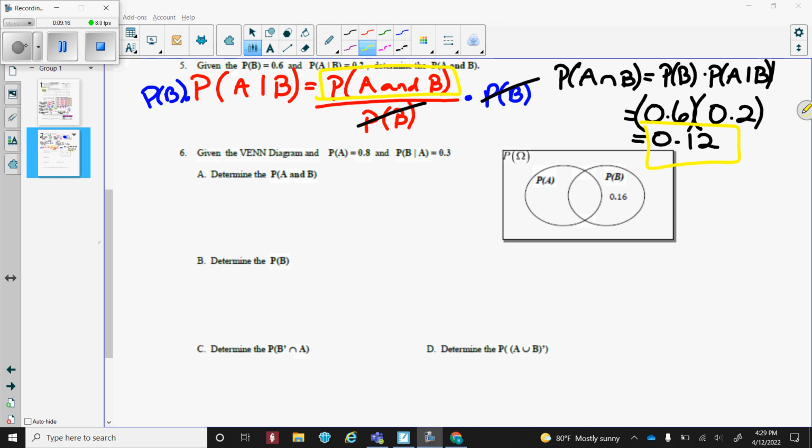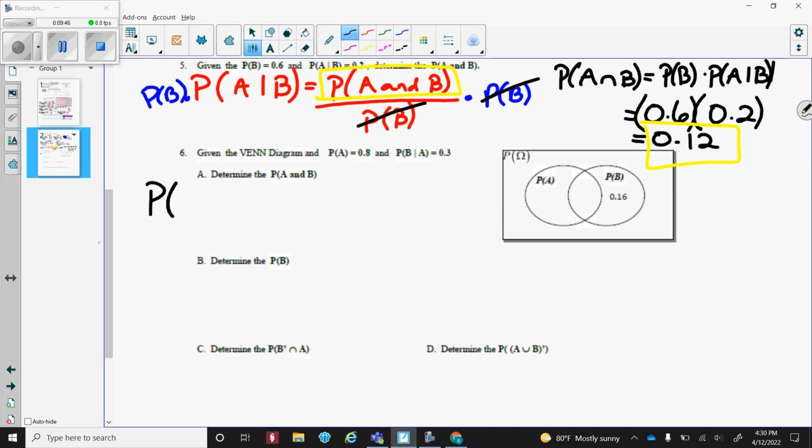Part A says determine the probability of A and B, which is what we just did in question number 5. In question number 5, we realized that we have to multiply our probability of B times the probability of A given B. So if we're switching it around, if it's the probability of B given A, then all we're going to do is multiply by that probability of A. So it'll be set up this way.